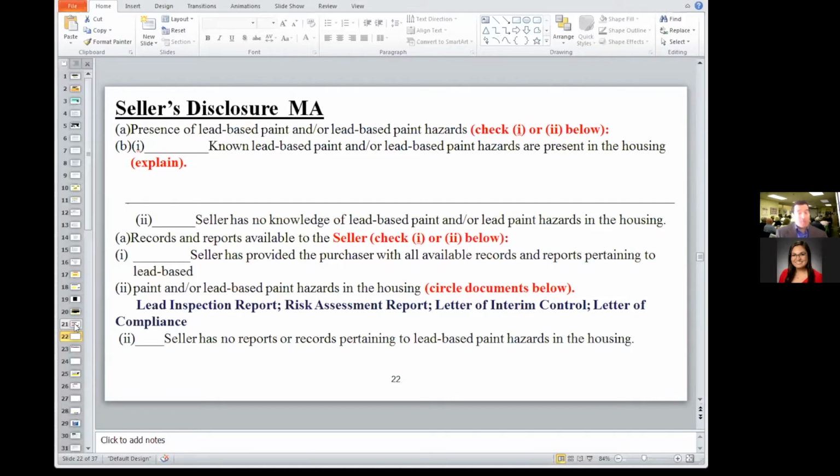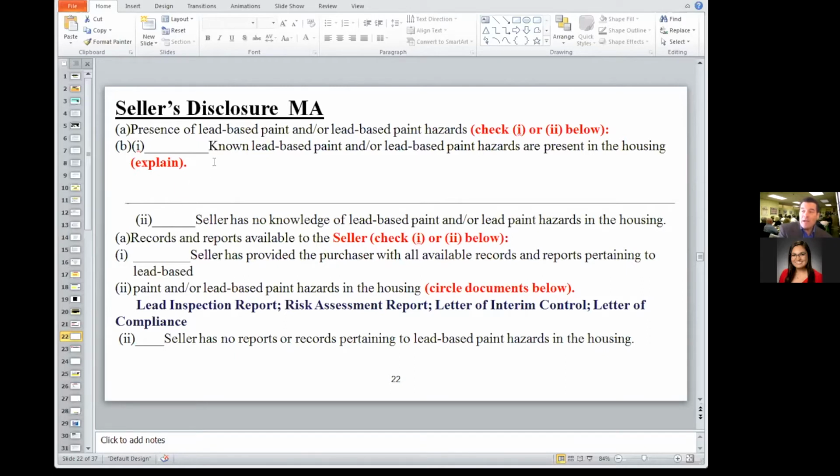Now here's your problem. If you put an initial in this little box, well, that's an $11,000 fine to the real estate agent. Awesome. I'm trying to make some money here, and I already lost 11 grand. And it has to be a check, because it says check I or II below. So you go to the seller, put a little check there. Check.